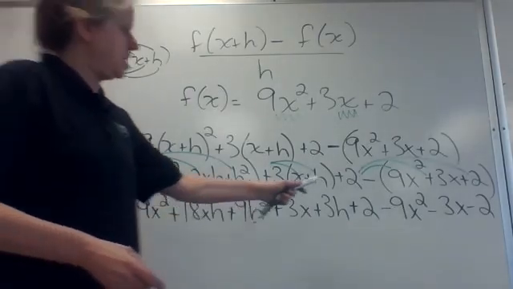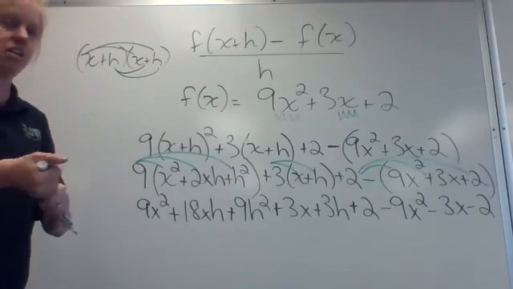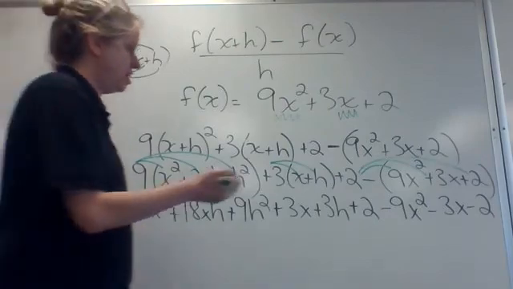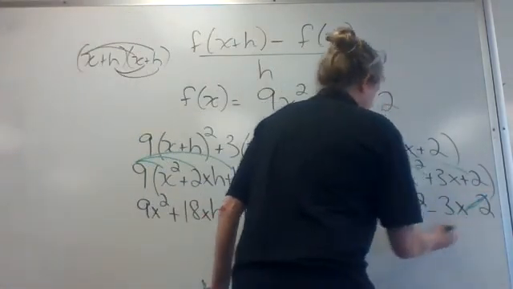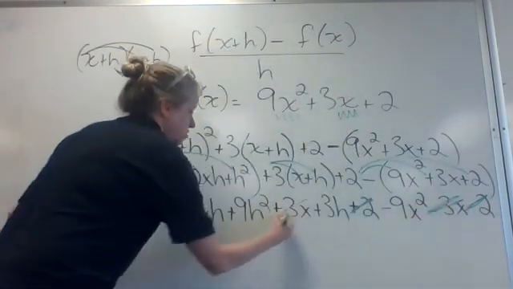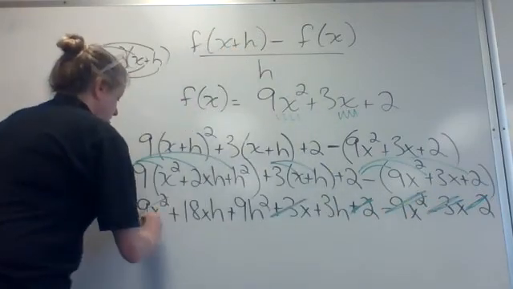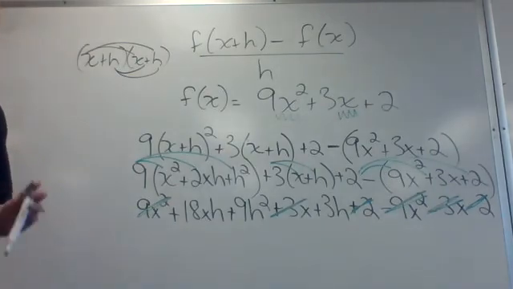Now, everything I distributed negative to, all 3 of these terms will help us clean up, right? Because they'll cancel terms up front. This minus 2 cancels the plus 2, minus 3x cancels plus 3x, and minus 9x squared cancels the positive 9x squared. So what is going to be left?